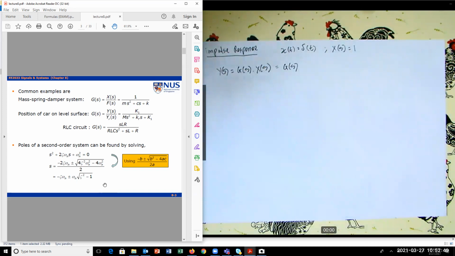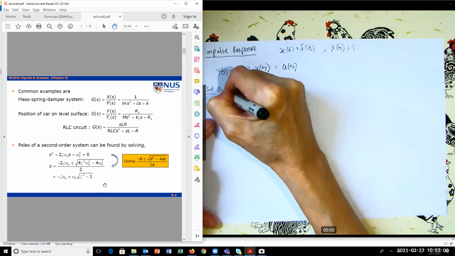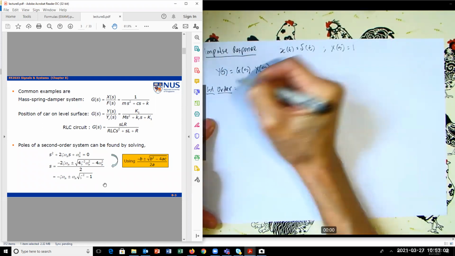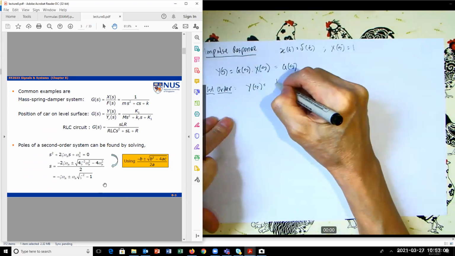So now depending on first order or second order, you substitute inside here. For first order, then your Y(s) is just this G(s), and G(s) we found was 1 over tau s plus 1.